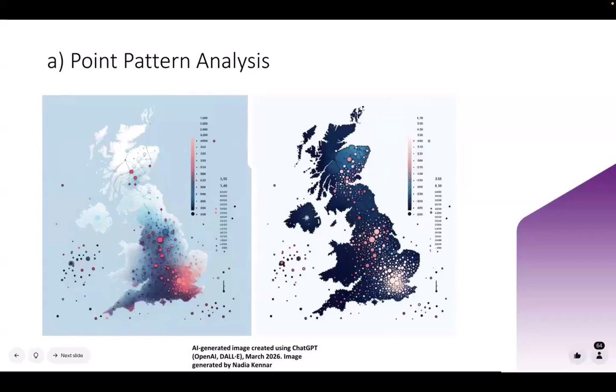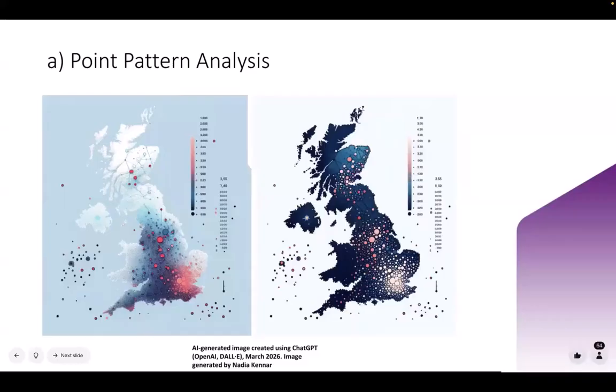So the question that point pattern analysis tries to answer is whether those points are randomly distributed, clustered together, or if they're unusually spread out. And in crime research, this clustering is almost always what we're interested in. We want to know whether these burglaries are concentrated on particular streets, or maybe if antisocial behavior is grouped around specific areas.